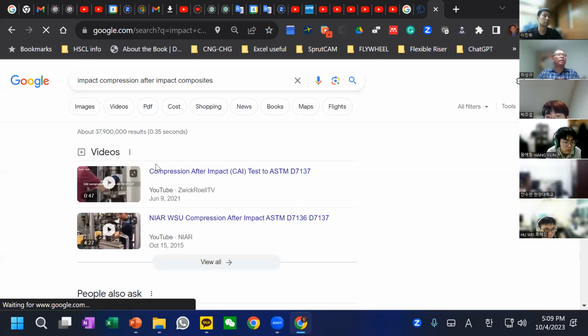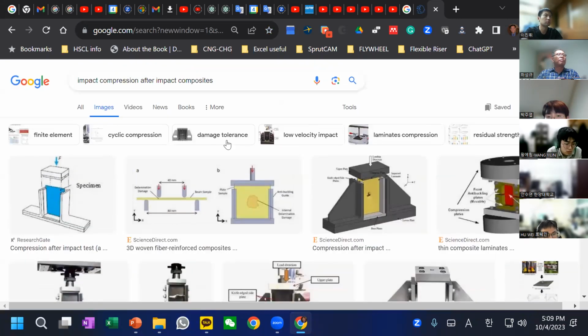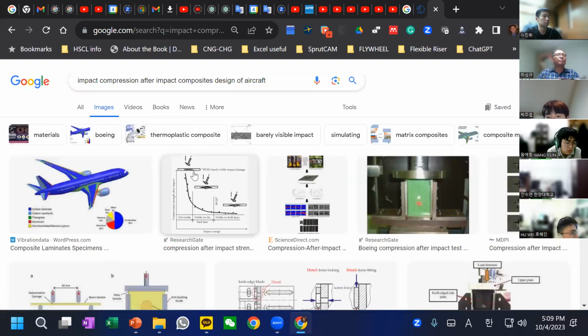When we design, this is all the compression test, but the design of an aircraft is a very typical procedure.